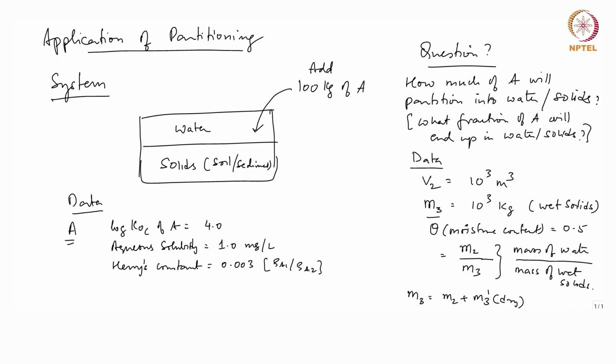I can have other definitions of Henry's constant, but this is common in environmental literature. The other definition could be that the concentration in the gas phase is expressed as vapor pressure, partial pressure. There is confusion over vapor pressure, partial pressure and all that. We will clarify that in a minute.